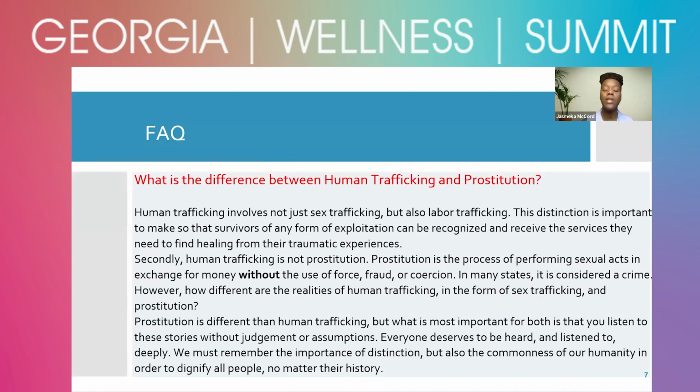I have frequently asked questions embedded in the presentation. The first one we're going to encounter is: what's the difference between human trafficking and prostitution? This is something that often comes up. There are a lot of words on this slide. The one thing I want you all to understand is that human trafficking, again, is under force, fraud, or coercion. It's not voluntary. However, prostitution is.